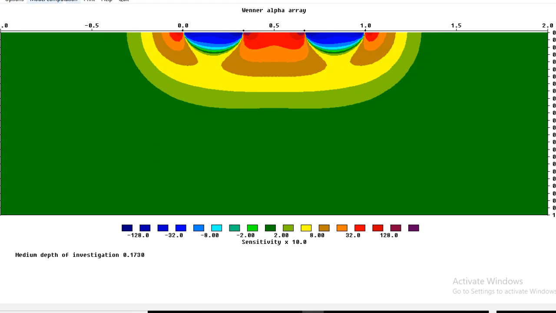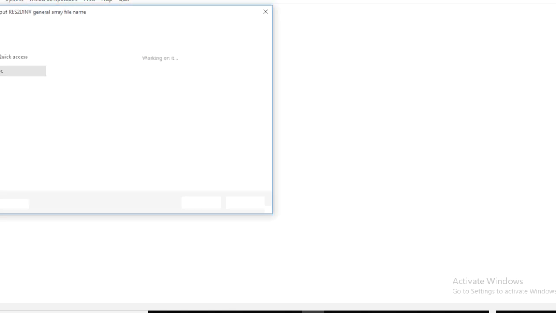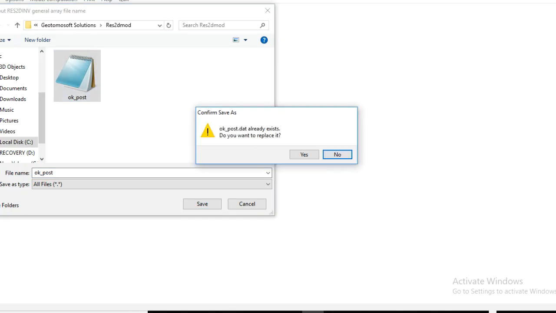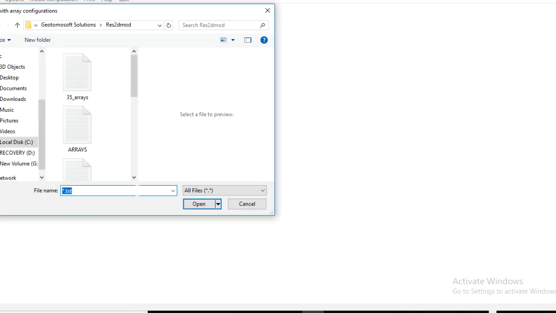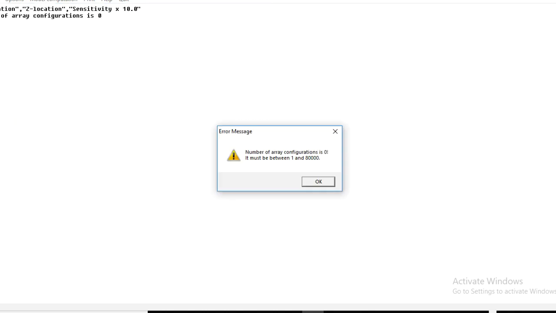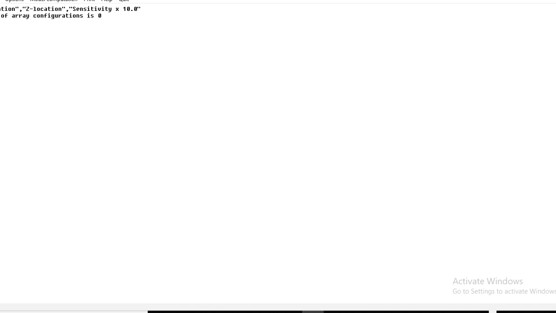Model computation: calculate apparent resistivity for non-standard case. So we can generate it like this.